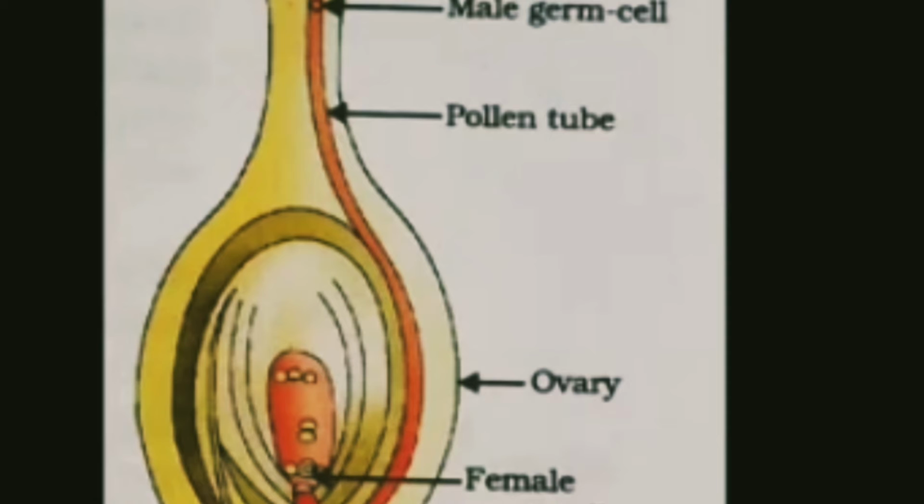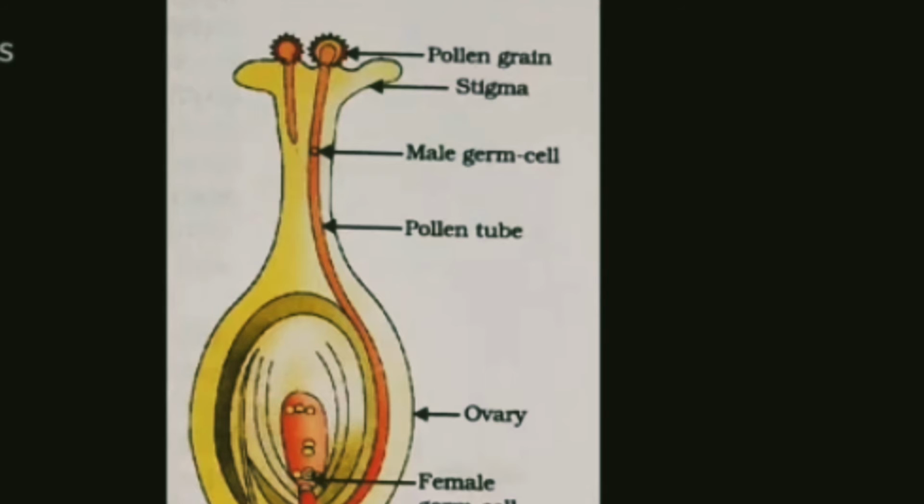Soon after fertilization, the ovule forms seed, and the ovary forms fruit. Remember, after fertilization, the ovule forms seeds, the ovary forms fruit.